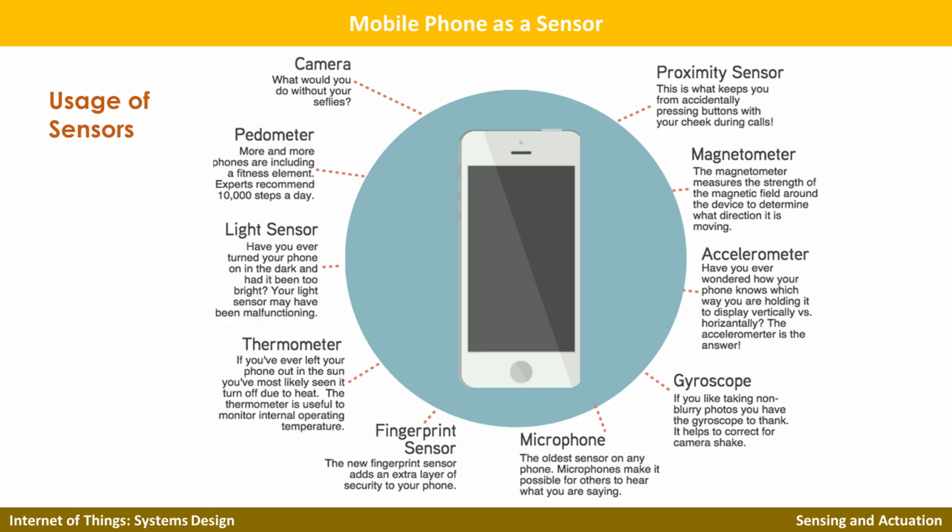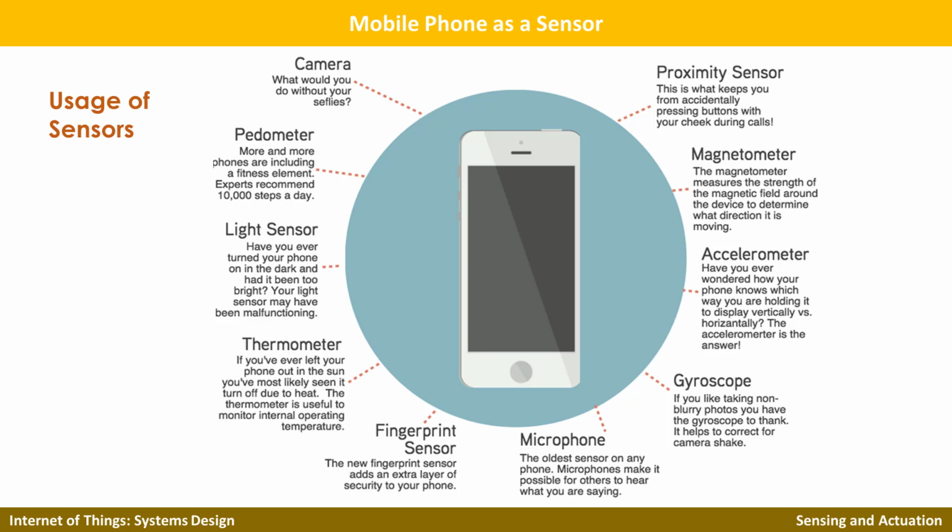One of the primary reasons for having a proximity sensor is to make sure that you don't accidentally press buttons when you are taking calls. Your cheek would touch the screen, but the proximity sensor knows that, so it stops you pressing any buttons accidentally.